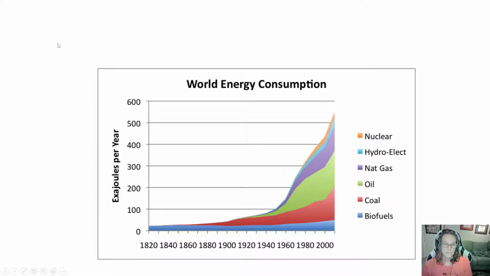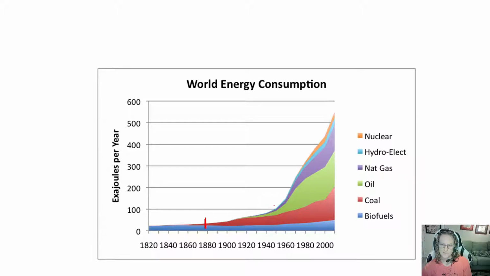All right. So consumption of energy over time. You can see what kind has been going on. So biofuels is like burning wood. So obviously that's been something we've always done. We can burn wood for heat and cooking and basic survival. And then, of course, Industrial Revolution time comes along. We start adding coal and oil and natural gas.